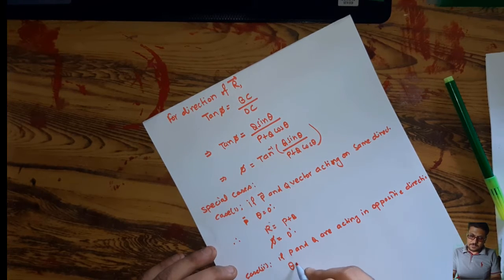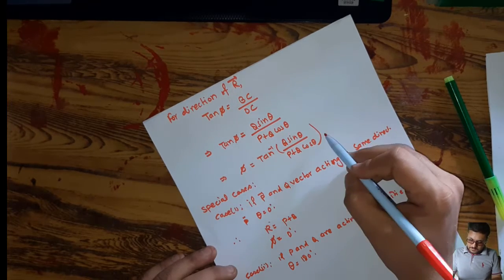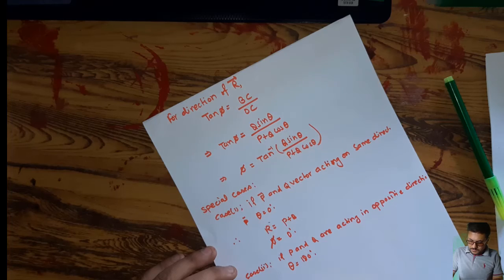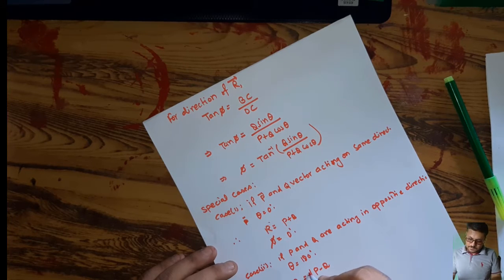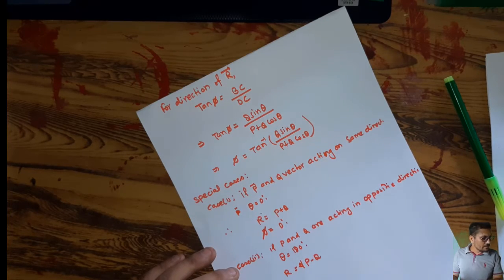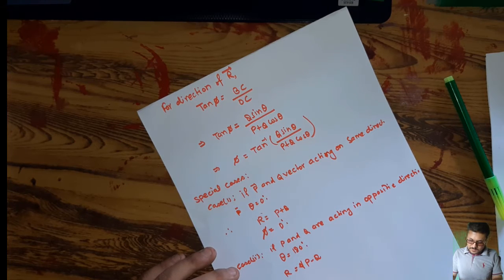That is theta is equal to 180 degree. Put this value in the above equations, you can get the answer. Nothing difficult. Then R is equal to P minus Q, or Q minus P, whichever is greater, you can write like that.